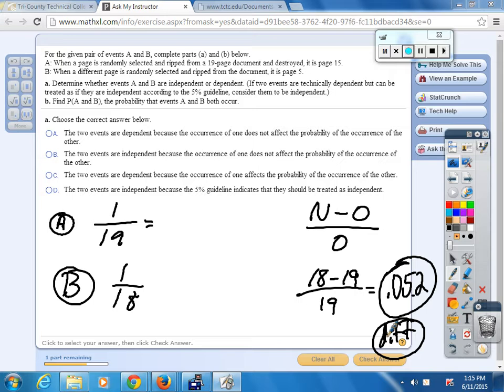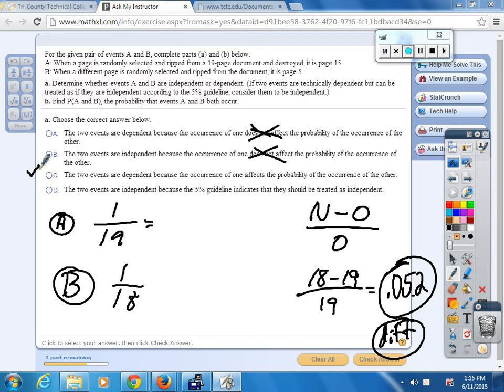I know that, but I'm trying to figure out what the question is asking. The two events are dependent because the occurrence of one does not affect. Well, that's wrong. Why is this not right? Because it is affected. So does not affect is not right. Okay? The two events are dependent because the occurrence of one affects the probability of the occurrence of the other.